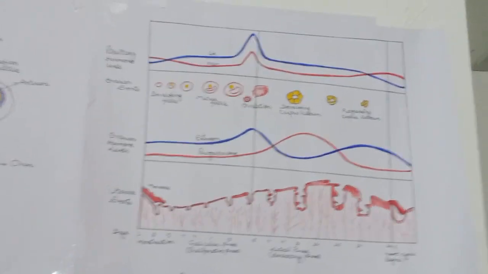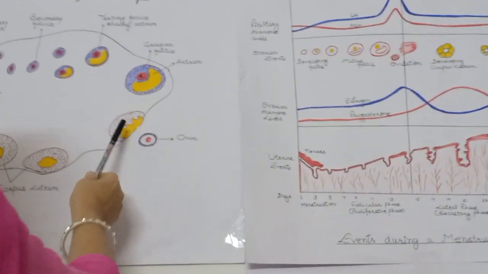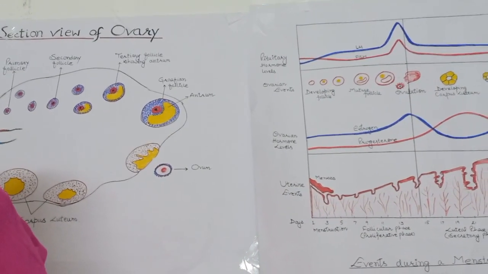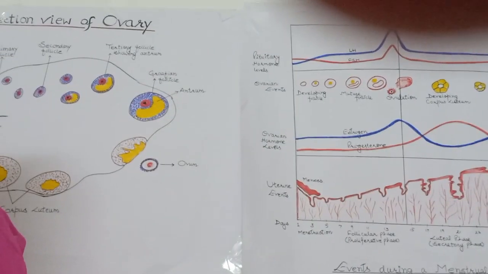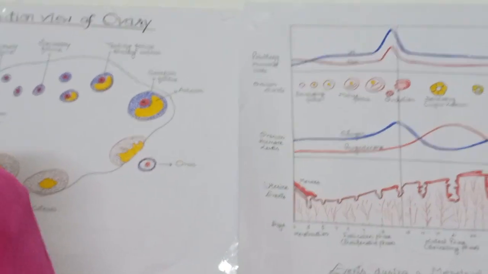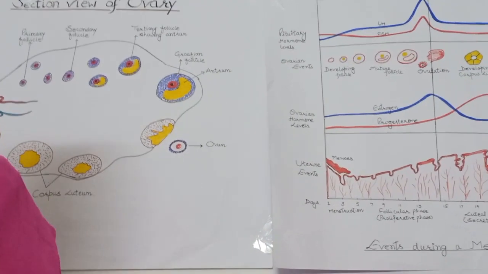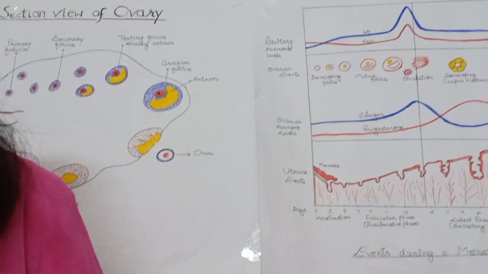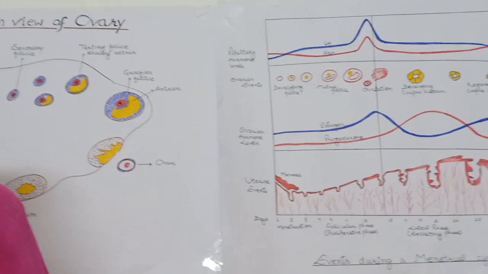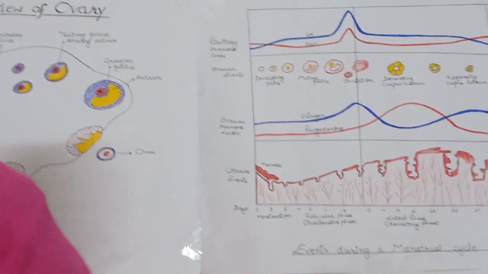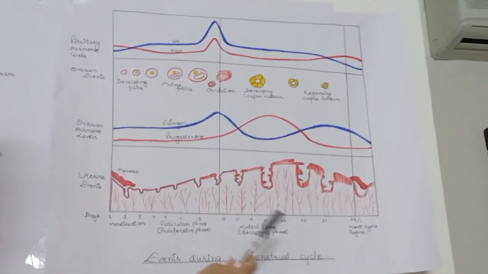One ovum is released. Now we look here, one ovum is released from the mature Graafian follicle every month from alternate ovaries, sometimes from the left ovary and sometimes from the right ovary. The major events of the menstrual cycle are shown in this figure.